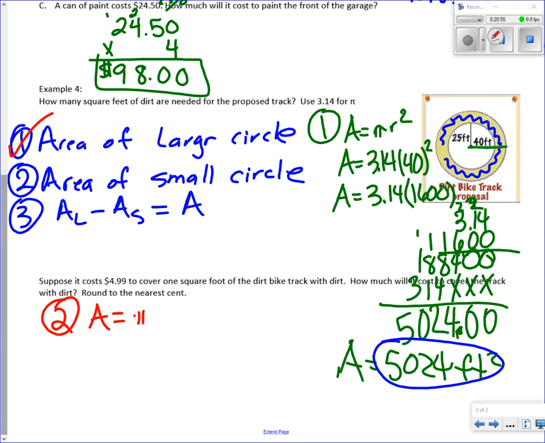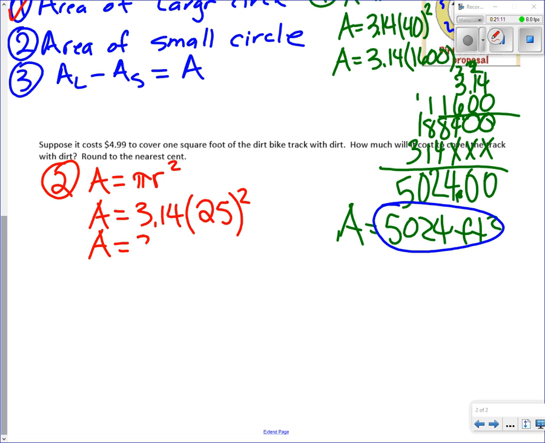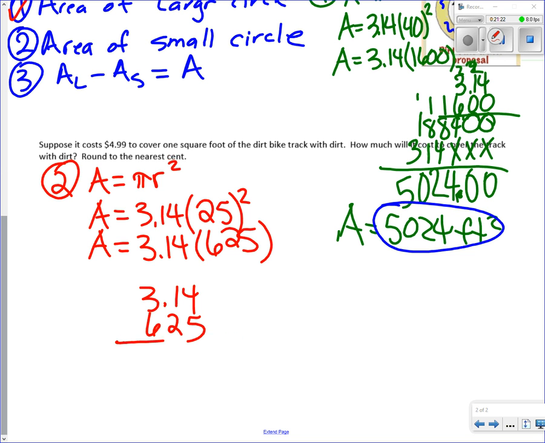Again, A equals pi r squared. Our radius on this one is 25. That is one of those perfect squares that most of you should know. 25 squared is 625. And now I have 3.14 times 625.